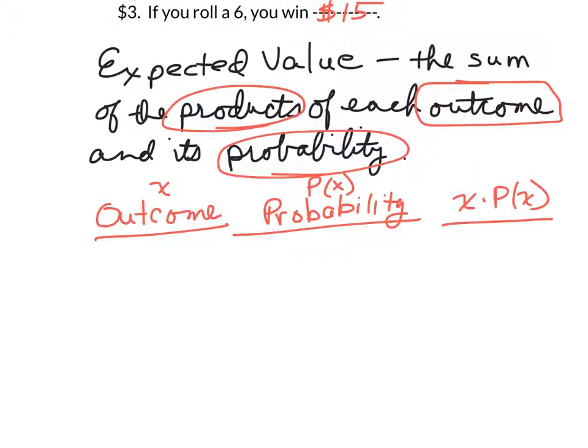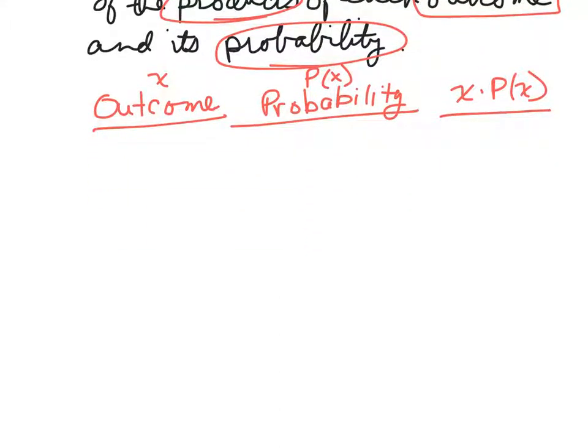And the last key word in our definition is the word sum, and we want the sum of all those things. So in other words, once I get this X times P of X column, I'm going to add them down here. And whatever this sum is, that'll be my expected value.